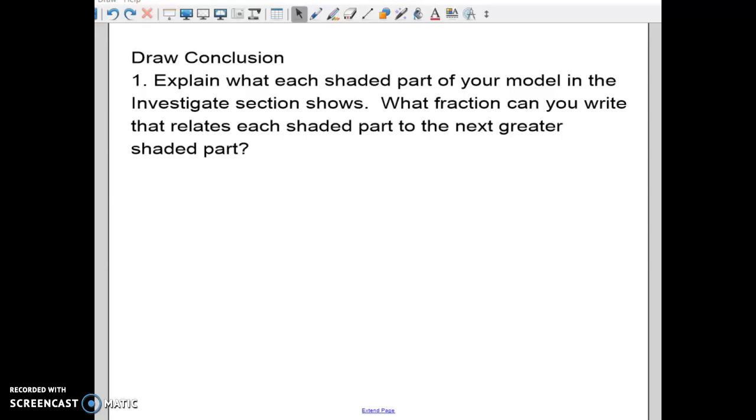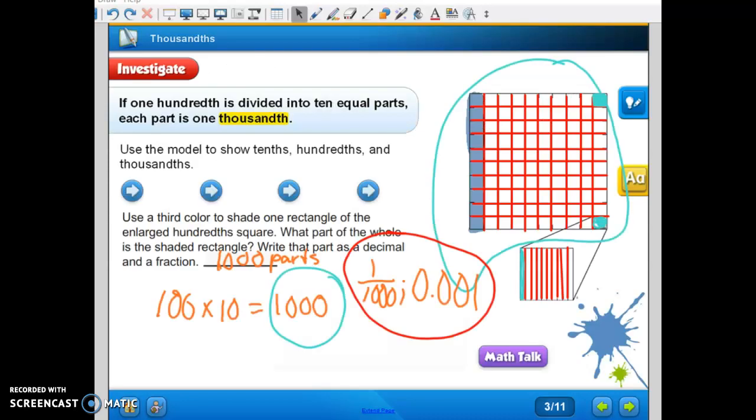the investigation section shows. So go back to the investigation section. Remember we took that large square and divided it into 10 equal parts. What fraction can you write that relates each shaded part to the next greater shaded part? So what they're asking you is, we divided it up and down, remember?